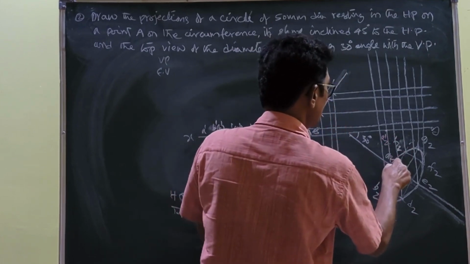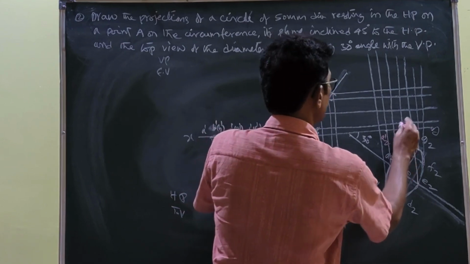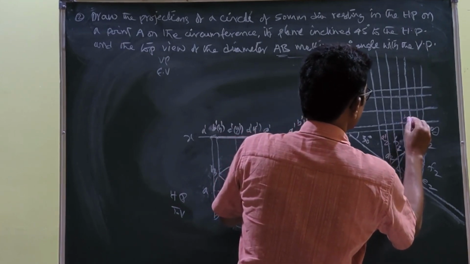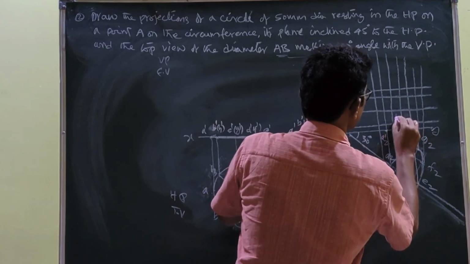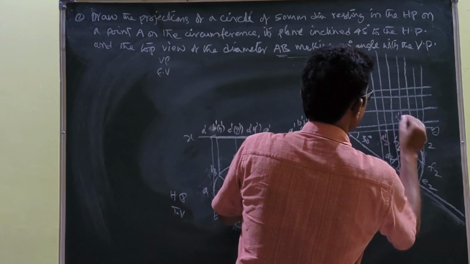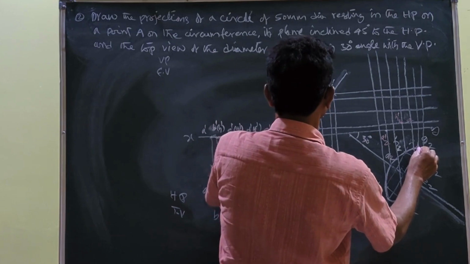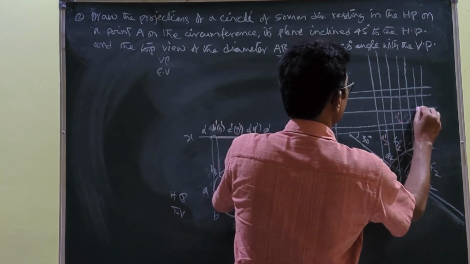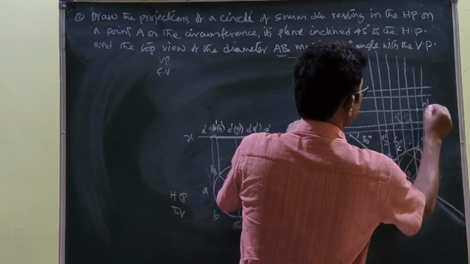A2 dash. Next this is the H2, this is the H, H2 dash. Next G, they met here, this is the G2 dash.